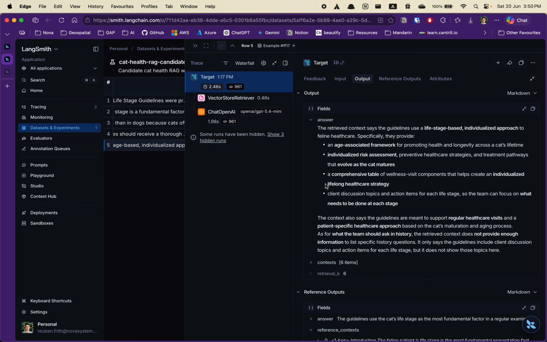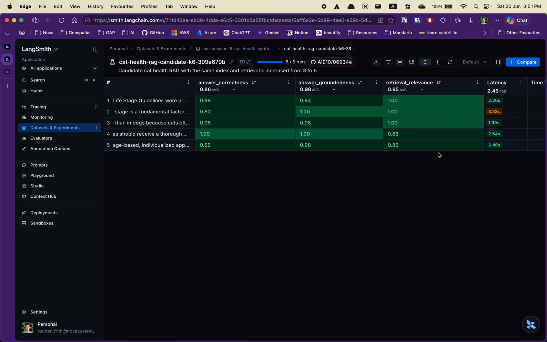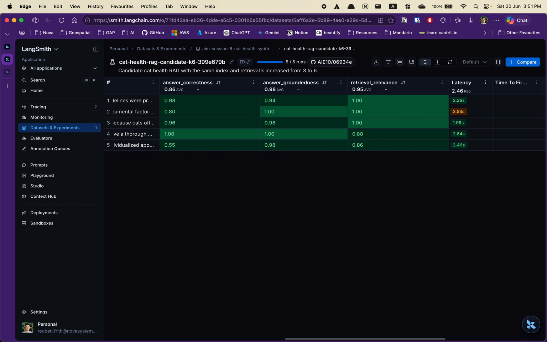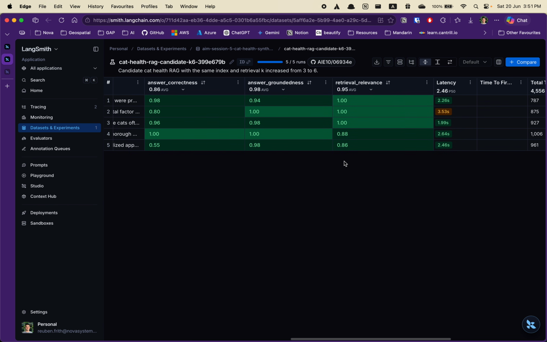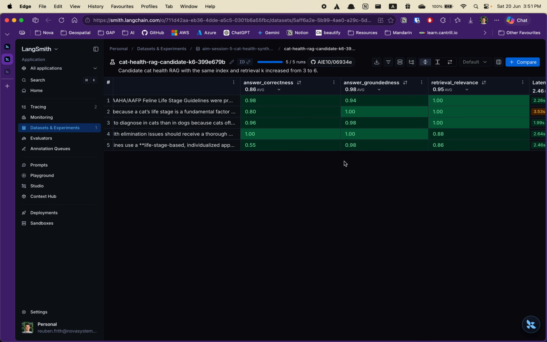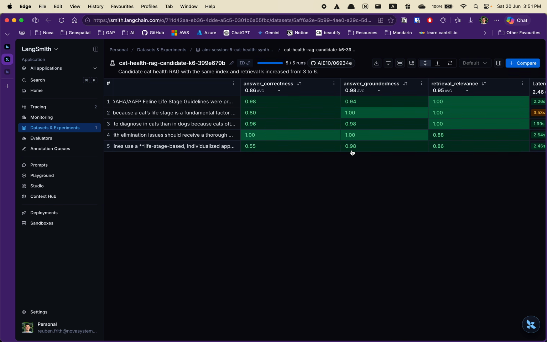And so by giving it more chunks, it's probably better able to answer questions because it's retrieved more context and more information to help it answer those questions, which is kind of expected. And we also start to use more tokens when we increased K because we're adding more chunks, which is consuming more of the context window.